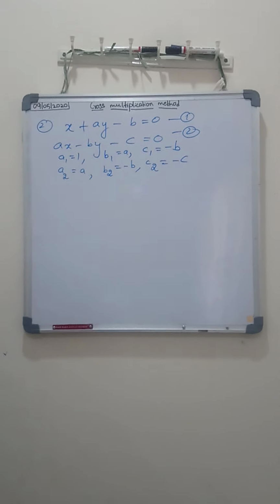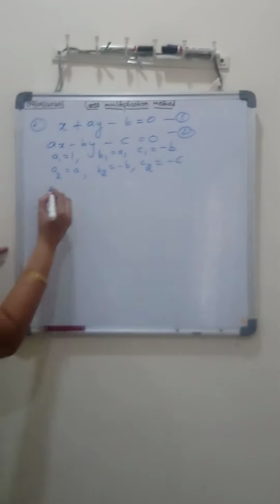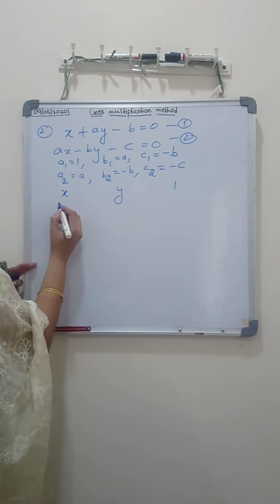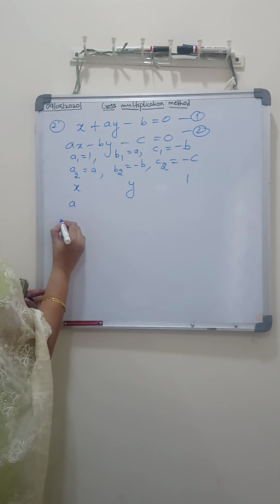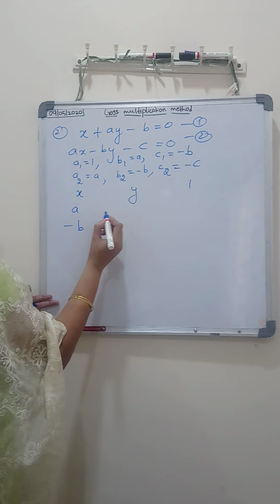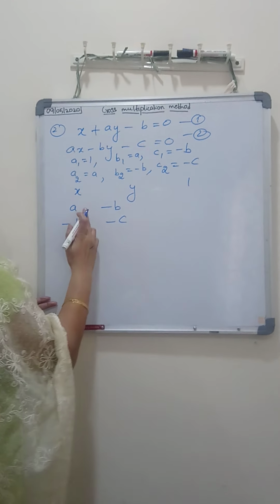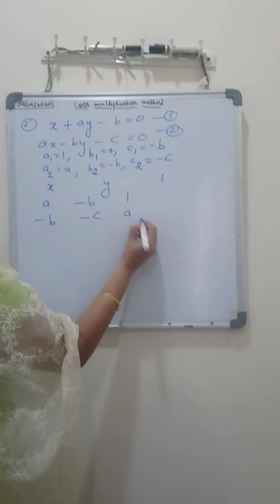Okay, now let's adopt the method of cross multiplication and solve this, children. So again, x, y, 1. Now first you have to write b1, b2: a, minus b. Next c1, c2: minus b, minus c. Then b1, b2, c1, c2, a1, a2.